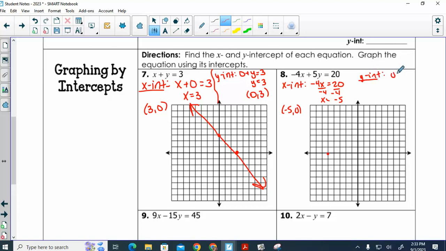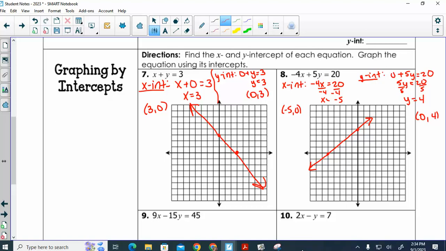So you get negative 4 times 0 is 0. Plus 5y equals 20. Divide by 5. And y is 4. That would be the point 0, 4. So the point on the y-axis is at 4.